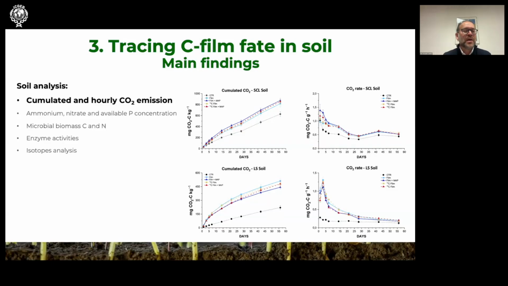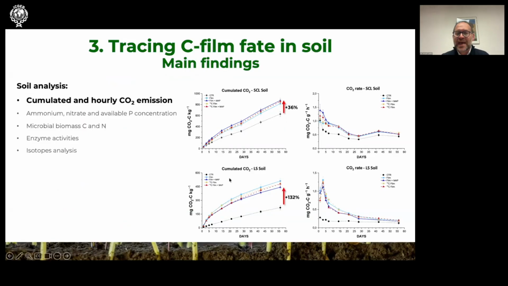So what we observed, as you can see here in the first two graphs, was an increase of the carbon dioxide released by the two soils, but with a different percentage.